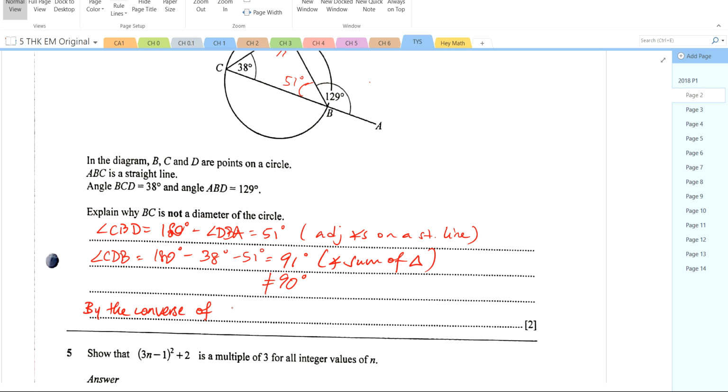So by the converse of angle in semicircle, since angle CDB does not equal 90 degrees, then BC is not the diameter.